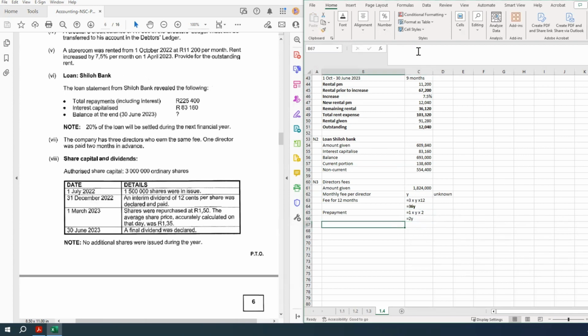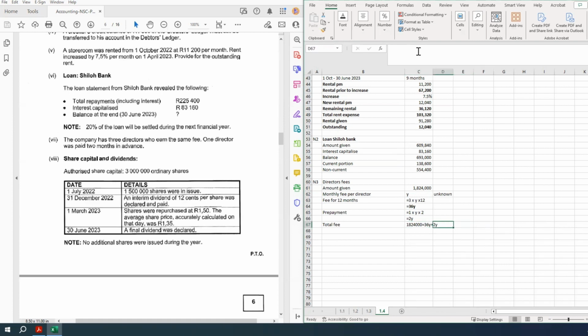Okay, now what is the total? So the total fee is equal to 1,824, which is essentially equal to 36y plus 2y. Right, I hope that's making sense to you guys.